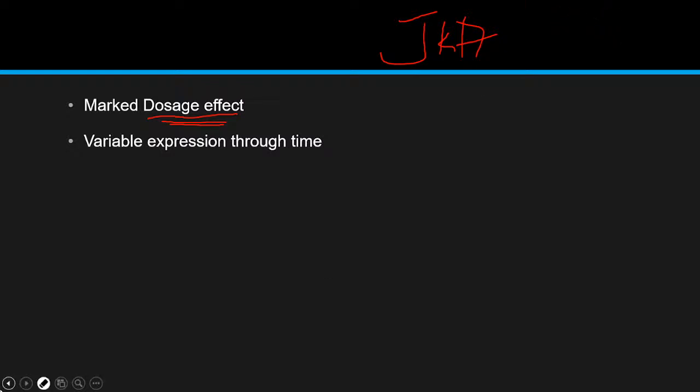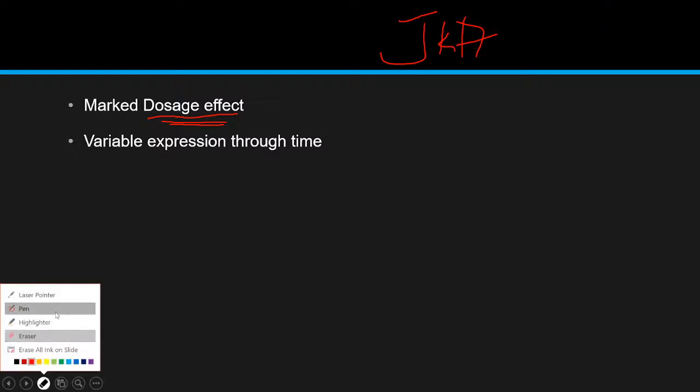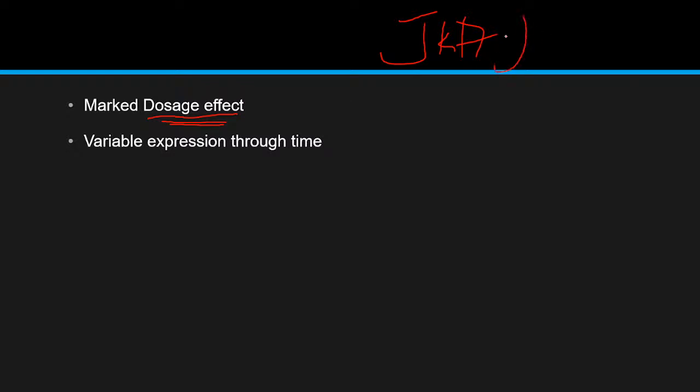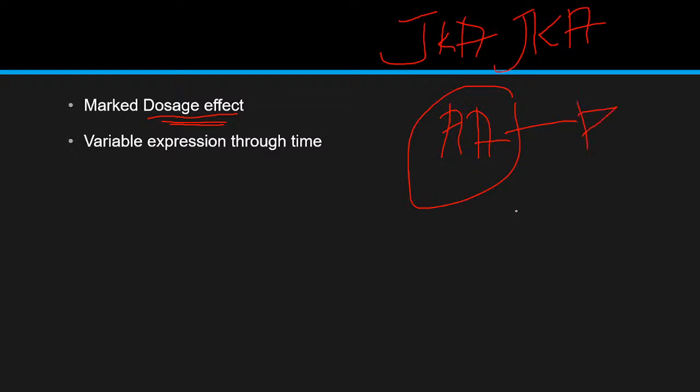Alright, sorry. So for example, you inherit both alleles of JKA. Okay? You inherit both alleles of JKA. You produce JKA, JKA. And what type of phenotypic expression is this?